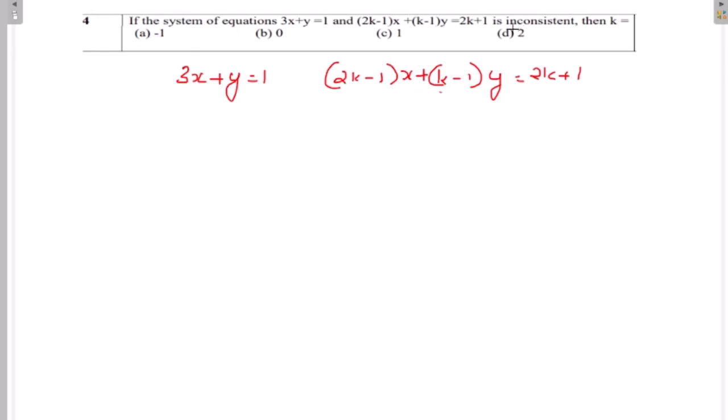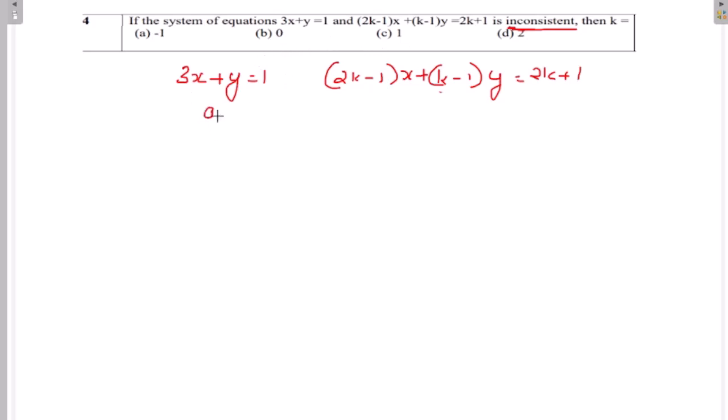So if two equations are inconsistent, we can say that the lines are parallel. They will not coincide with each other. Lines are parallel. That means it has no solution, right? So if the lines are parallel, what is the condition?